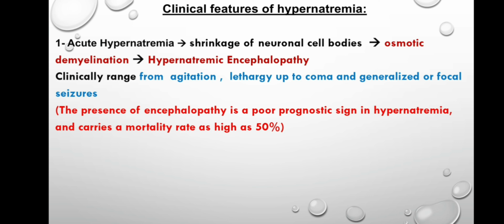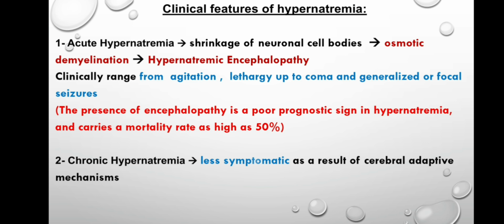It is osmotic demyelination because of cell shrinkage. Clinically it ranges from agitation and lethargy up to coma and seizures. Unfortunately, this encephalopathy is a poor prognostic sign and carries about 50% mortality. In chronic hypernatremia, some patients are asymptomatic or have fewer symptoms because of cerebral adaptive mechanisms.